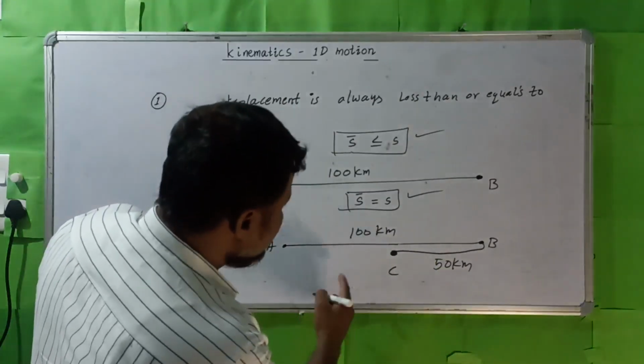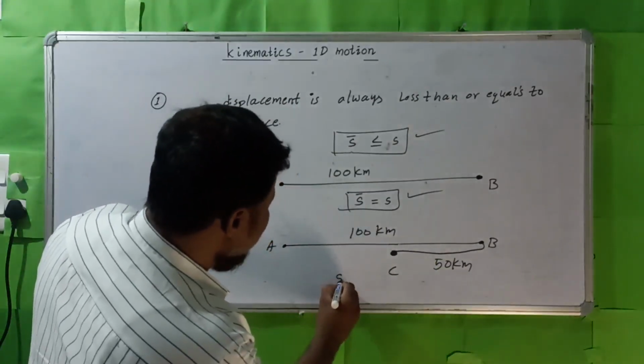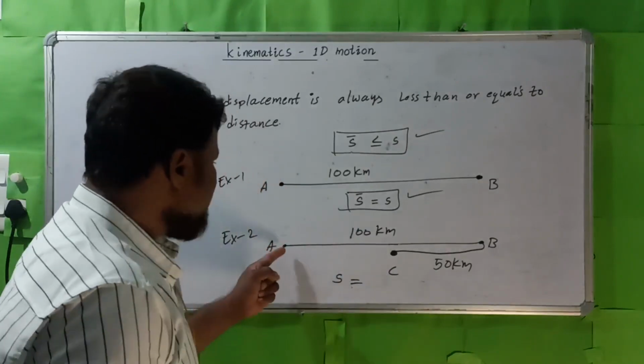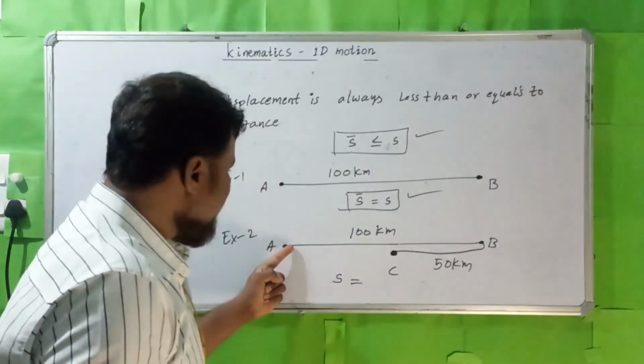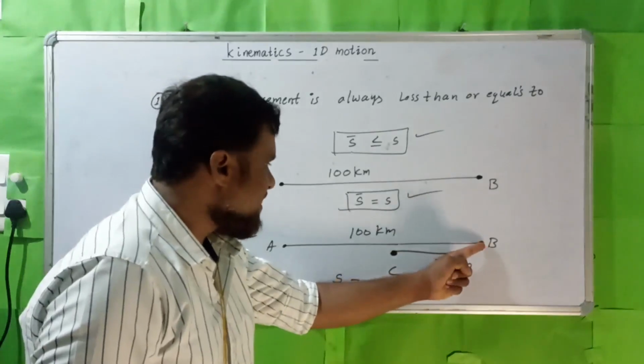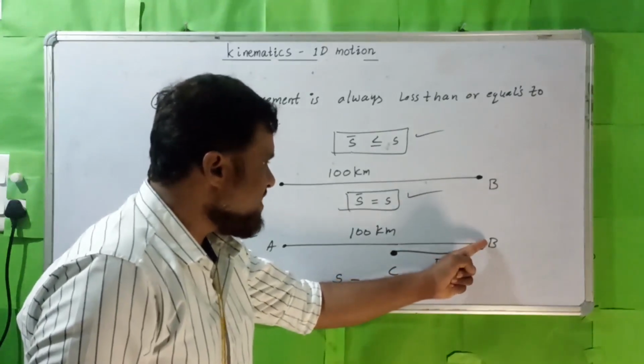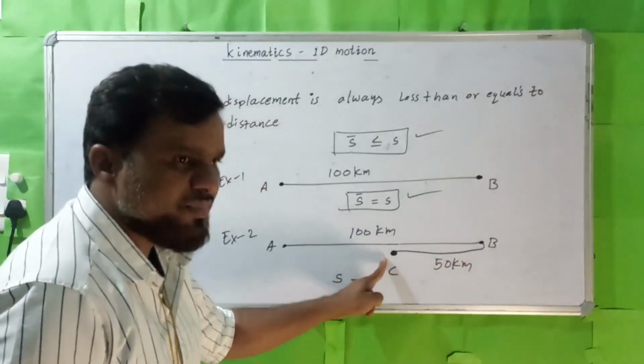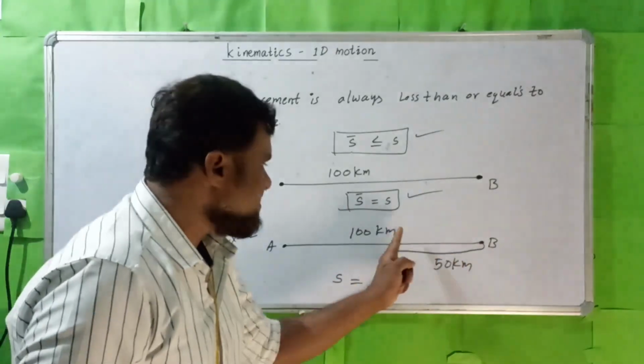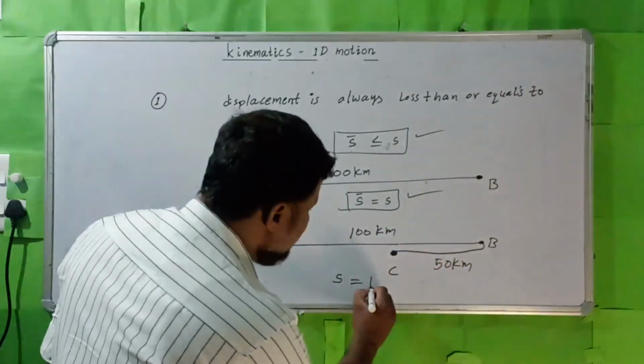Now the distance S is equal to the actual path covered by the particle: A to B 100 kilometers, B to C 50 kilometers, so the actual path is 100 plus 50, 150 kilometers.